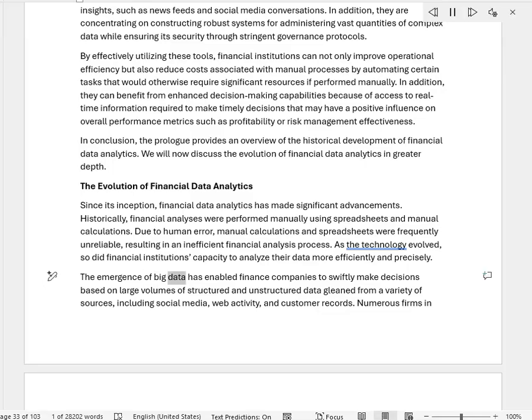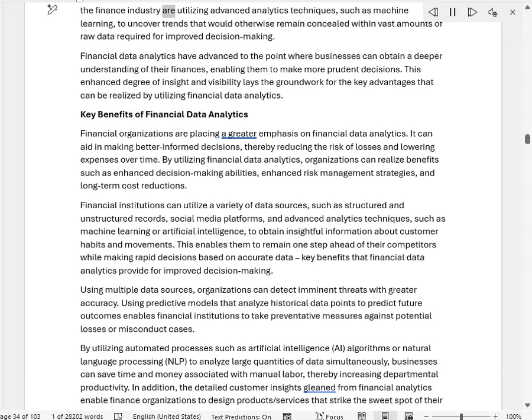The emergence of big data has enabled finance companies to swiftly make decisions based on large volumes of structured and unstructured data gleaned from a variety of sources, including social media, web activity, and customer records. Numerous firms in the finance industry are utilizing advanced analytics techniques, such as machine learning, to uncover trends that would otherwise remain concealed within vast amounts of raw data required for improved decision-making.